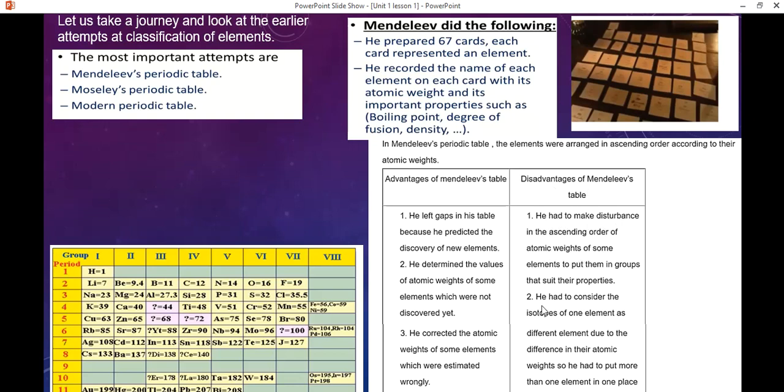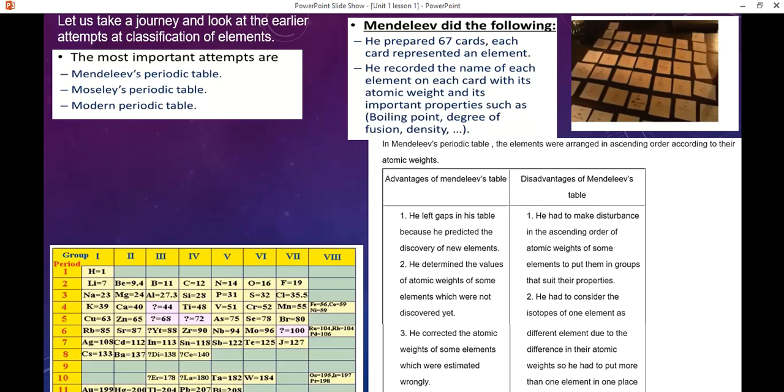And also, he couldn't deal with isotopes. What are isotopes? Isotopes are different atoms of the same element.